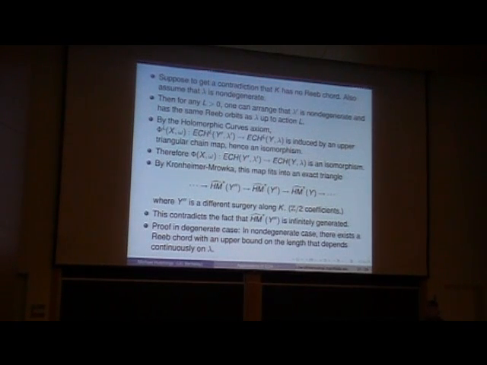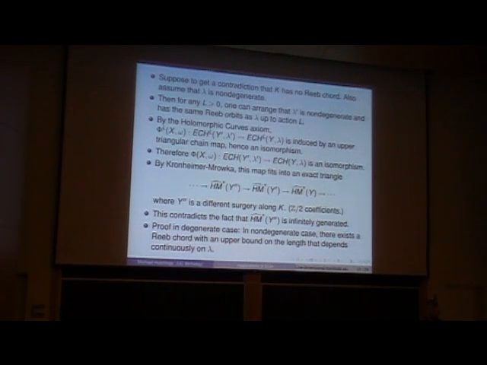Now, Kronheimer-Mrowka proved that if you do a surgery along a knot in a 3-manifold Y, then the Seiberg-Witten Floer cohomologies for this manifold and the surgery fit into an exact triangle where the third term is the Seiberg-Witten Floer cohomology of another surgery, at least with Z/2 coefficients.